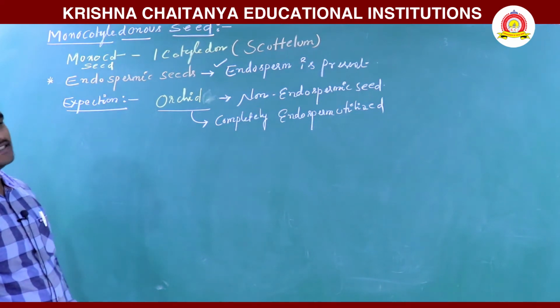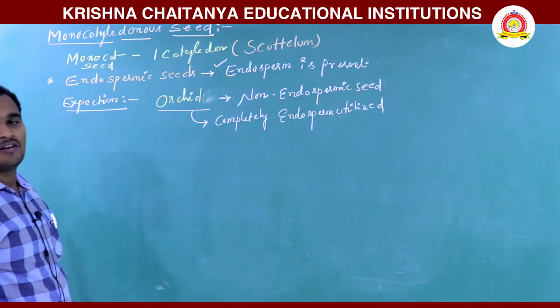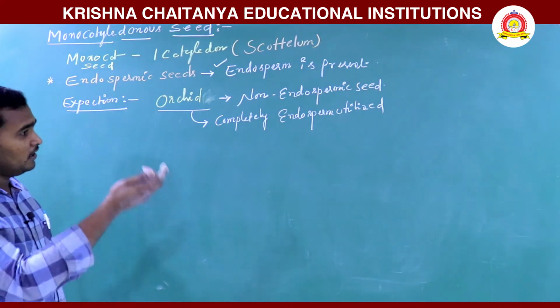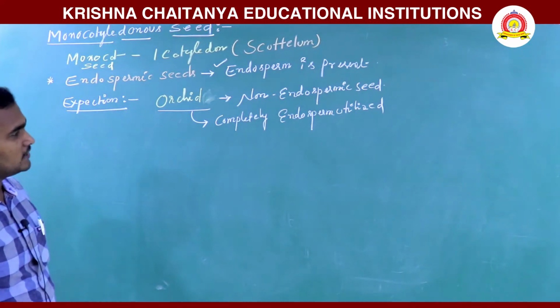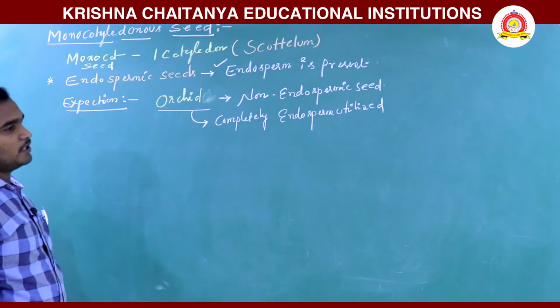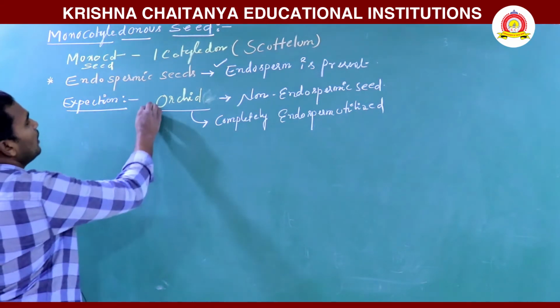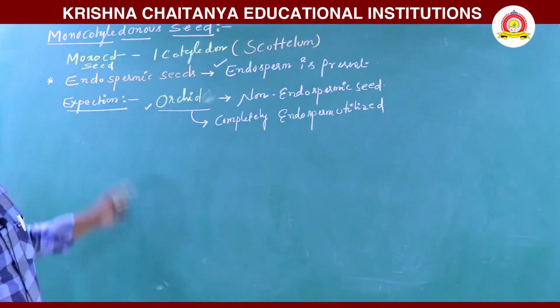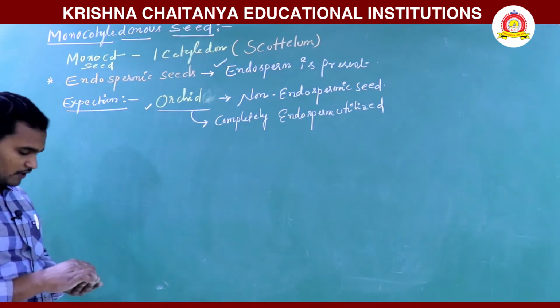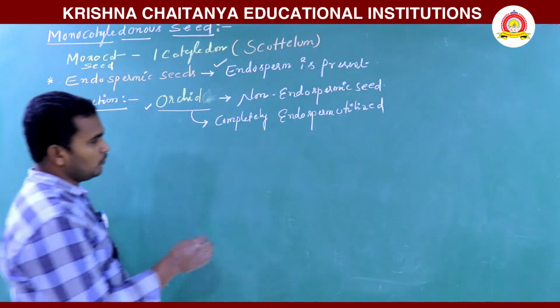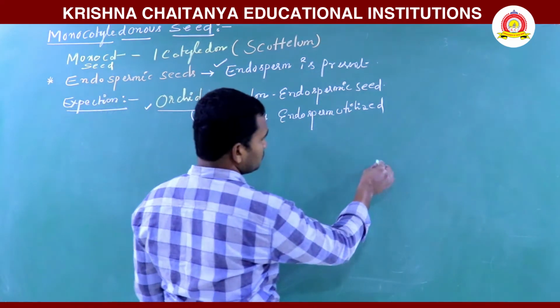Which one is utilizing it? The embryo is utilizing it, the endosperm is completely utilized by the embryo. Then it is developed into the seed. This is the exception. Next we will draw and explain the monocot seed.